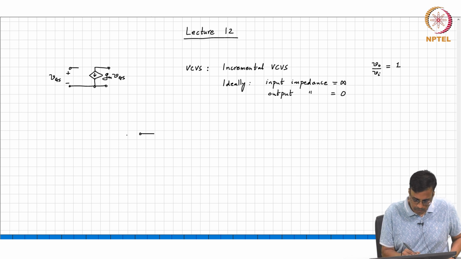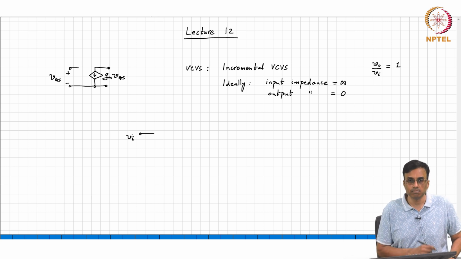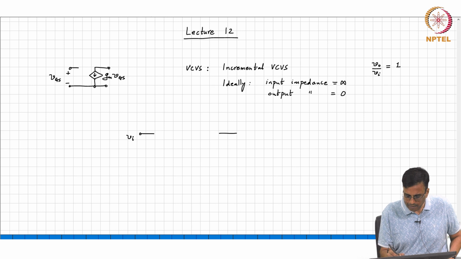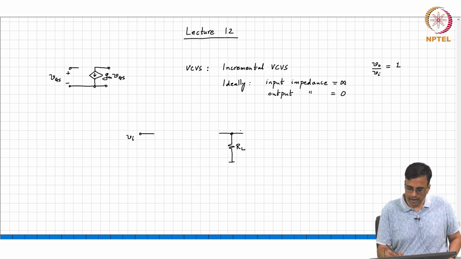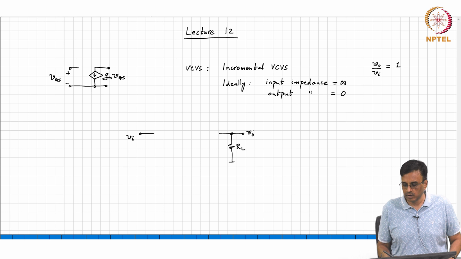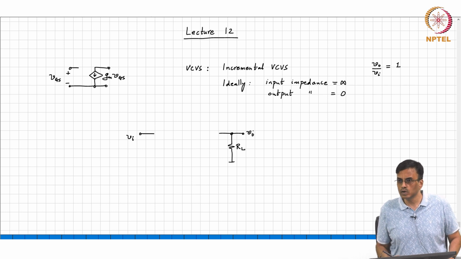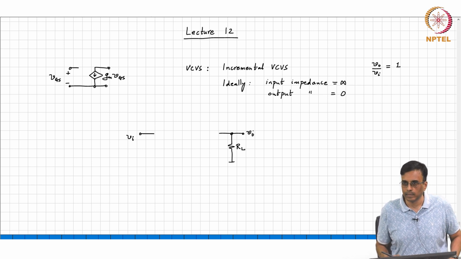So, the problem statement therefore is we have a voltage Vi and we have some load resistance RL, and we would like the voltage across the load, which is Vo, to be equal to Vi, because we wanted to shoot for an incremental gain of 1.